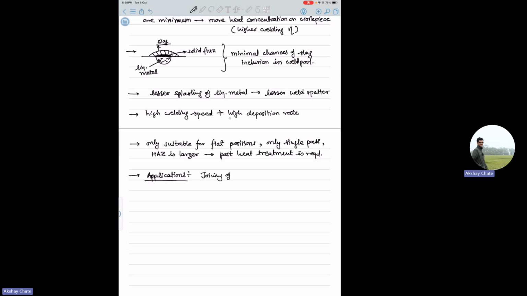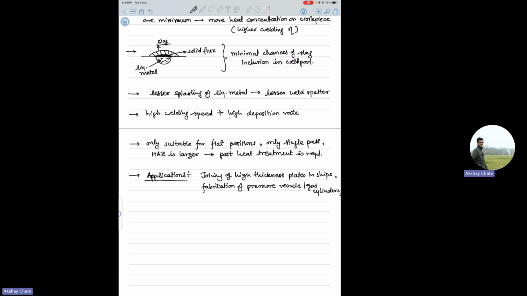Joining of high thickness plates in ships. Okay. And fabrication of pressure vessels, or even the gas cylinders that we typically use in our homes.